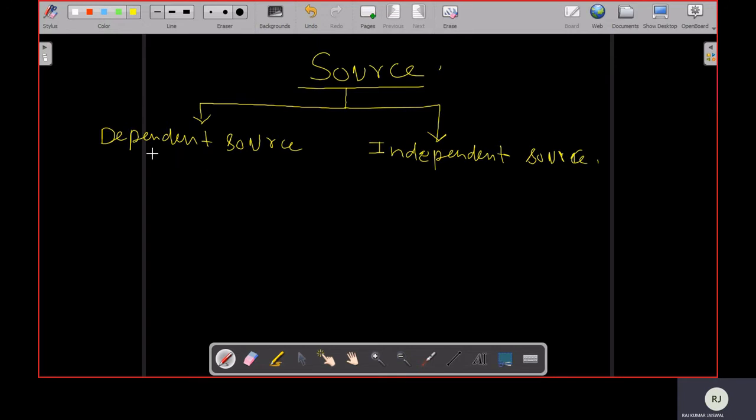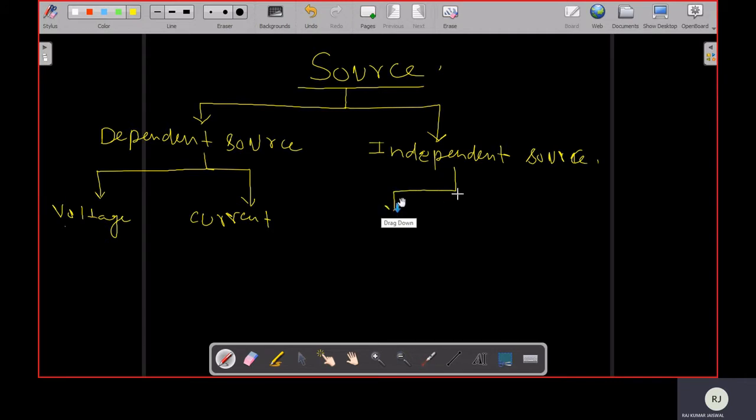Before defining the dependent source, we could further classify that sources are also of two types. First is the voltage source and current source.